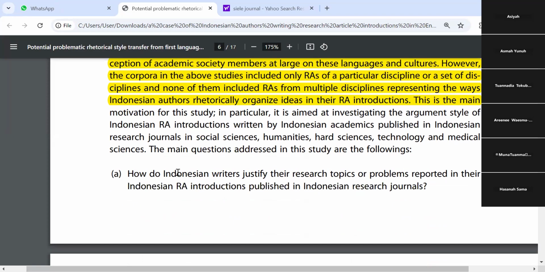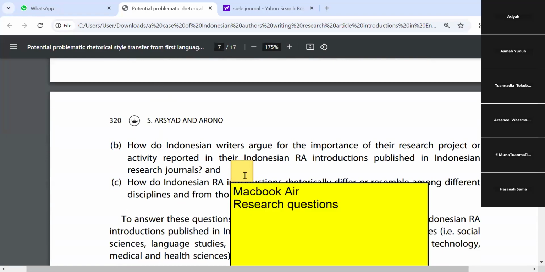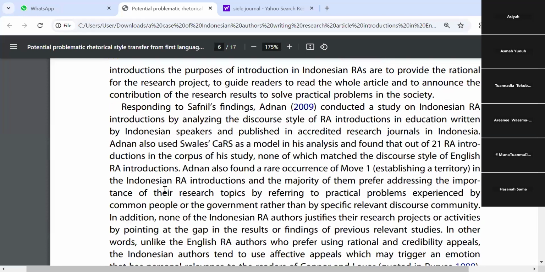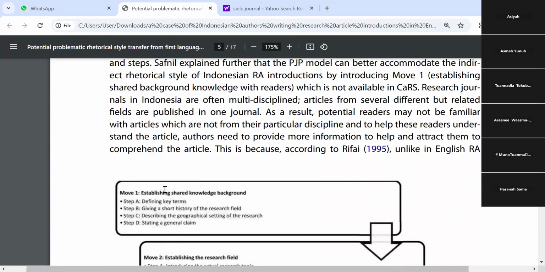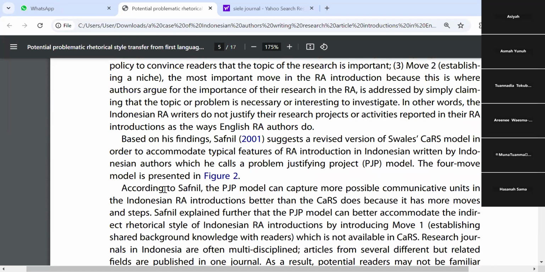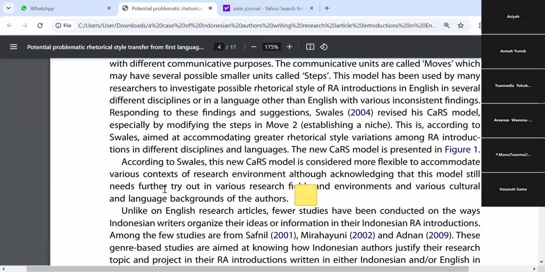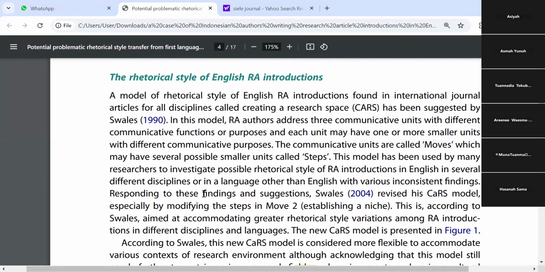Okay, and then there's a research question. Good. Again, I want to state that this literature review is organized based on country. Studies were conducted in Indonesia and not in other countries.